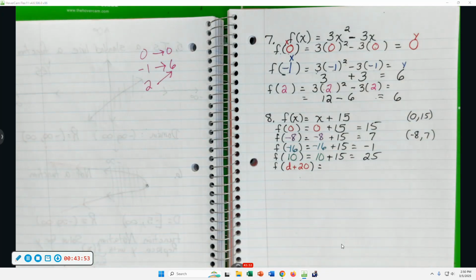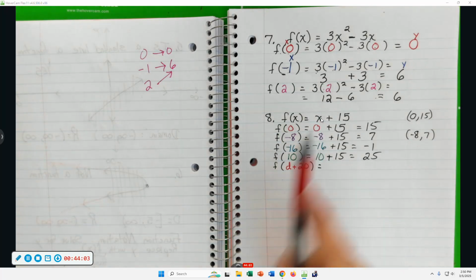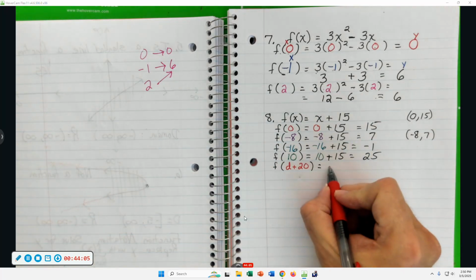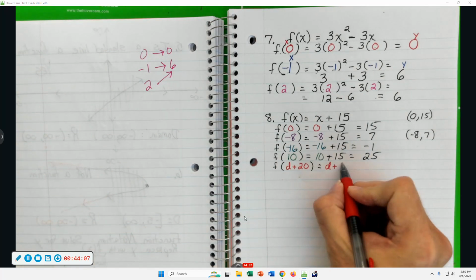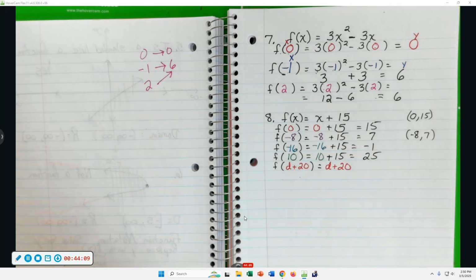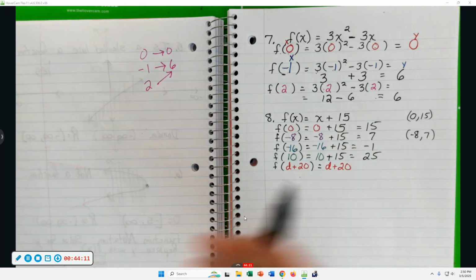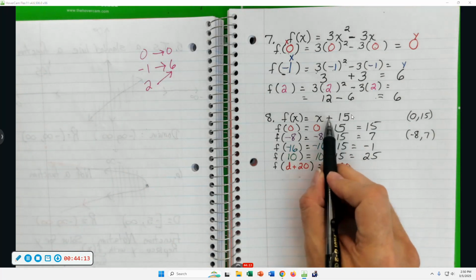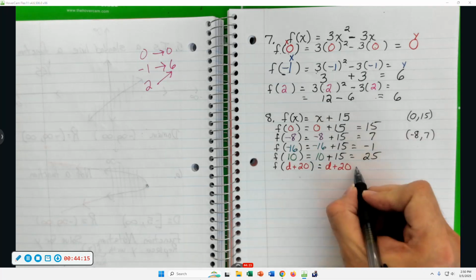Whatever's in the parentheses, you plug it in for x. It doesn't matter how strange it looks. So in place of that x, I'm going to put d plus 20, and then you still have the plus 15.